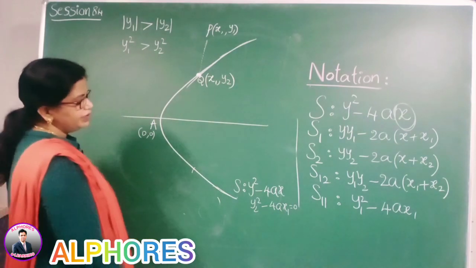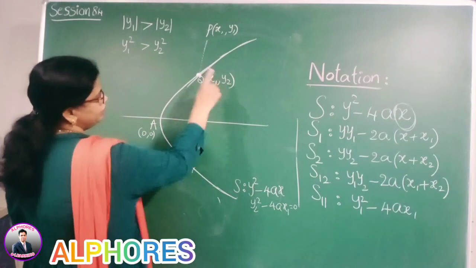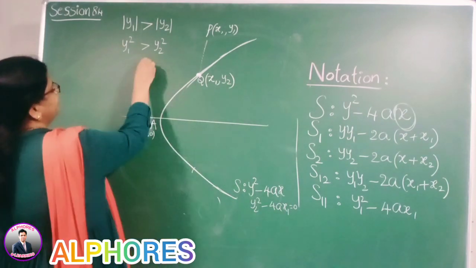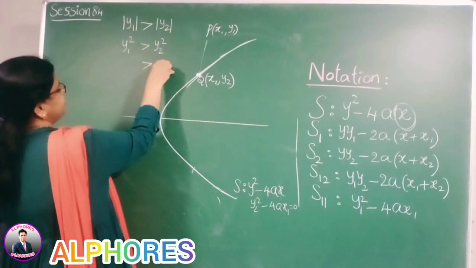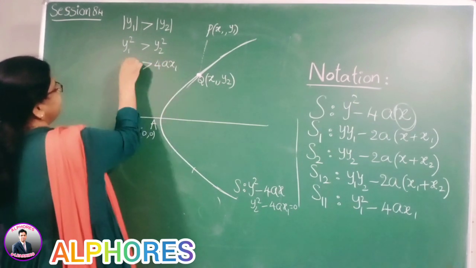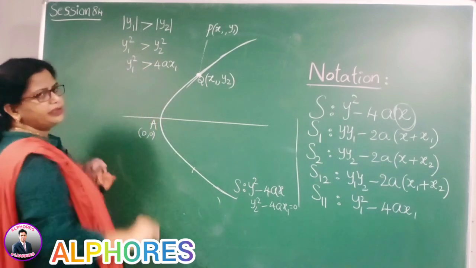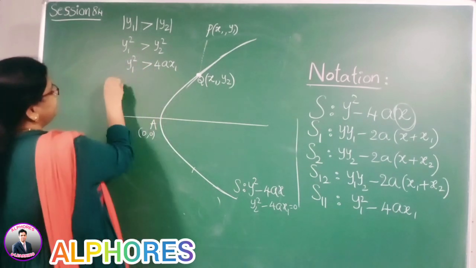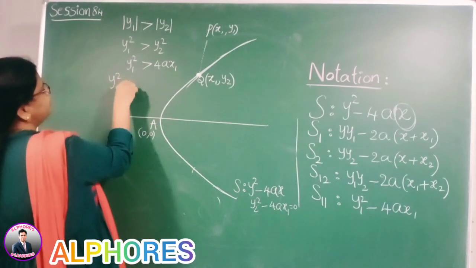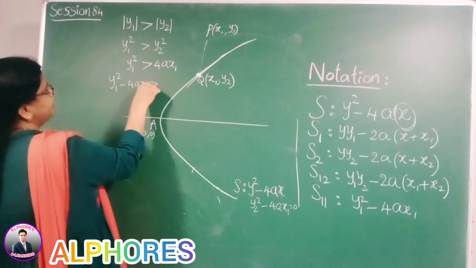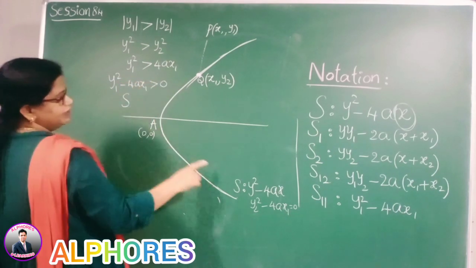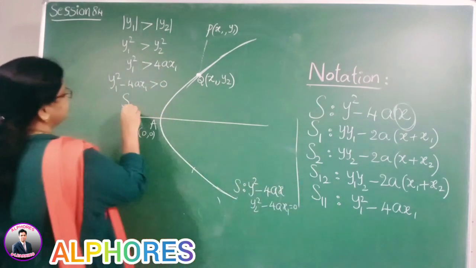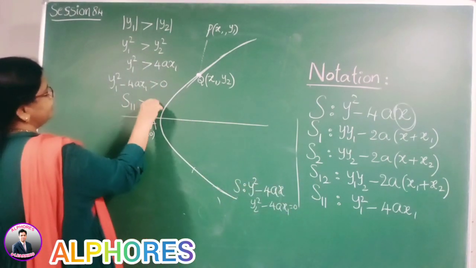That implies y2 square is nothing but 4a x1. So y1 square is greater than 4a x1. So if I take this side, y1 square minus 4a x1 is greater than 0. That implies it is nothing but S11. So S11 is greater than 0.